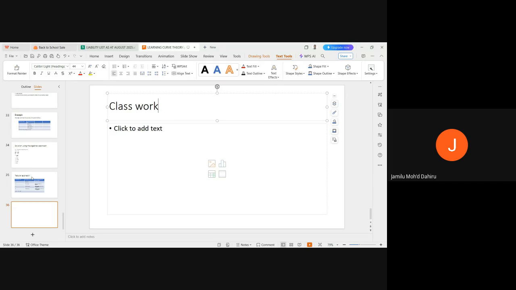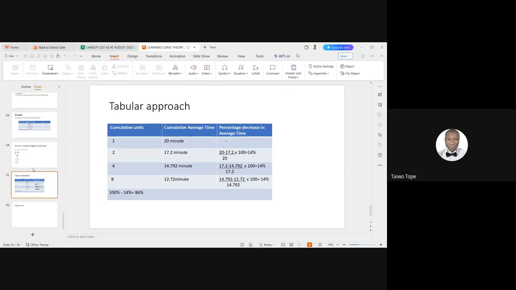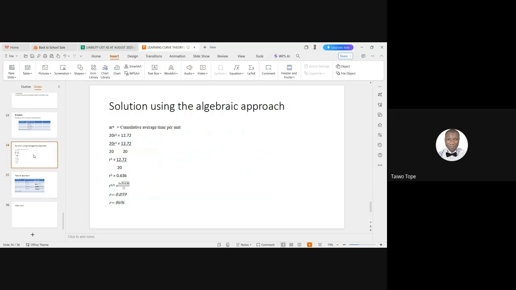The cube root of... You press 3 on your calculator, second function, you look for this root sign and press 0.636. You should have 0.859.